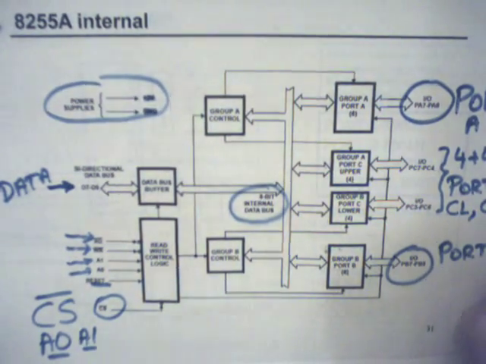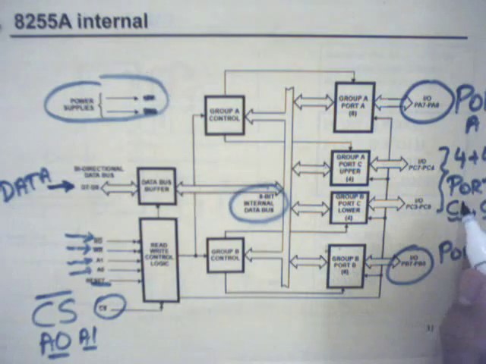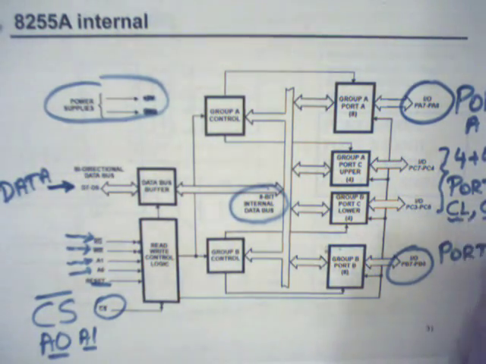So whenever we see those pairs of letters, we understand that they are the 4 bits of the lower nibble of port C and the 4 bits of the upper nibble of port C, respectively.